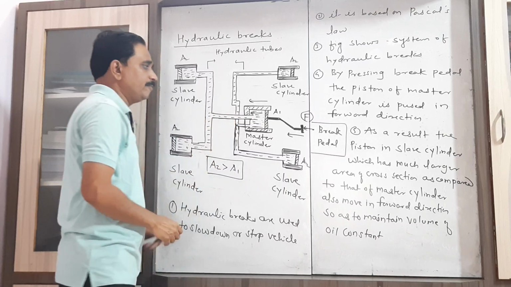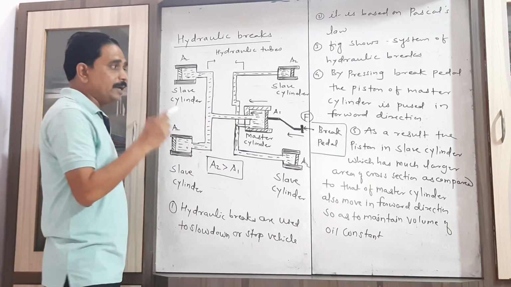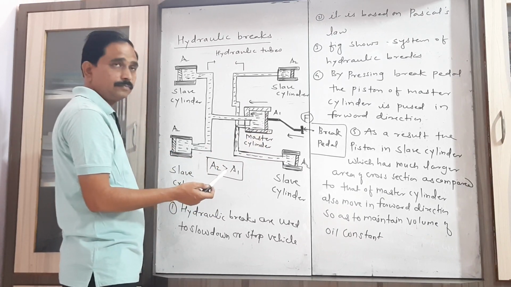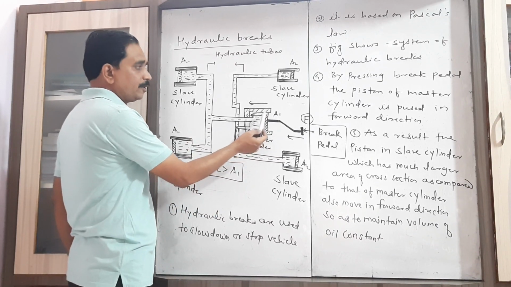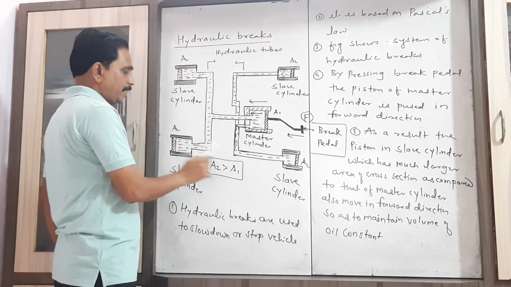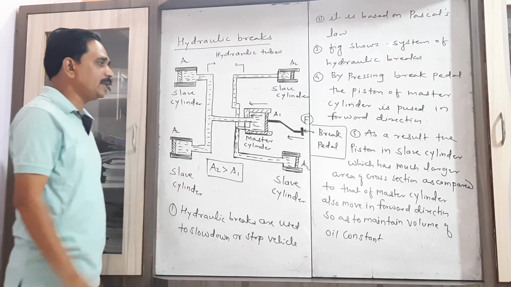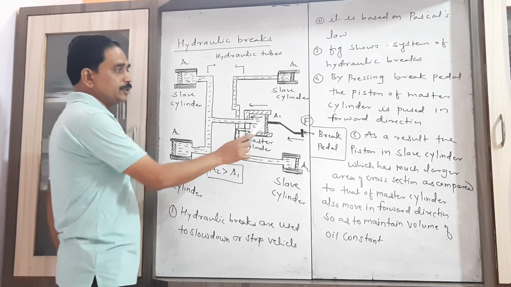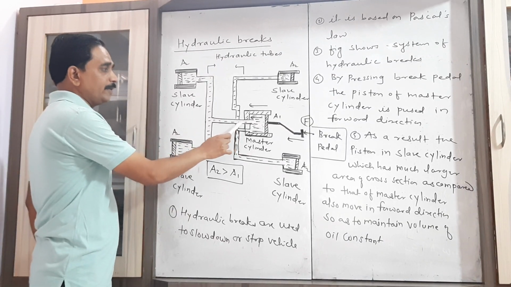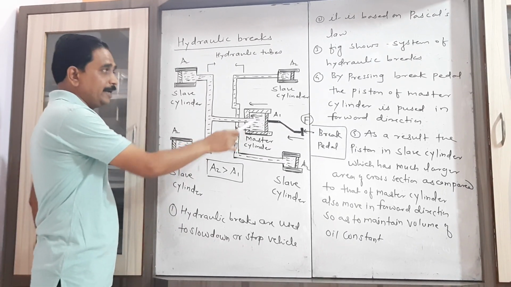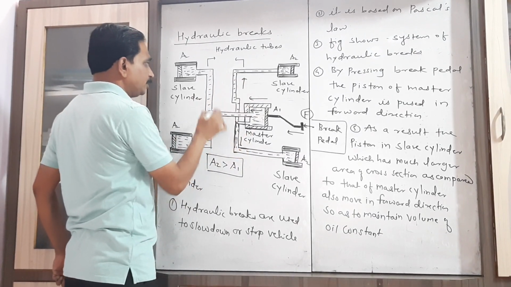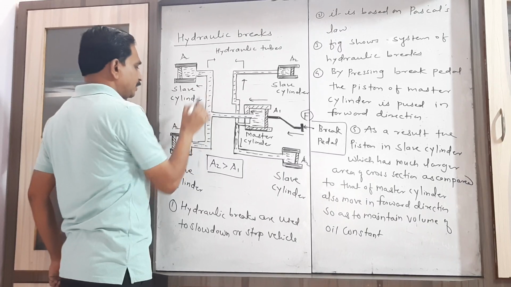Because of the movement of this piston in the forward direction, the pressure applied here, as it is interconnected with the four slave cylinders, is equally transmitted to all four slave cylinders.